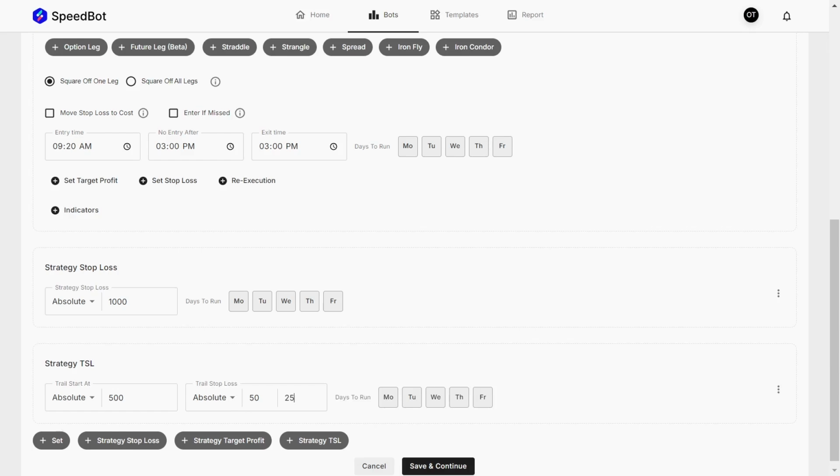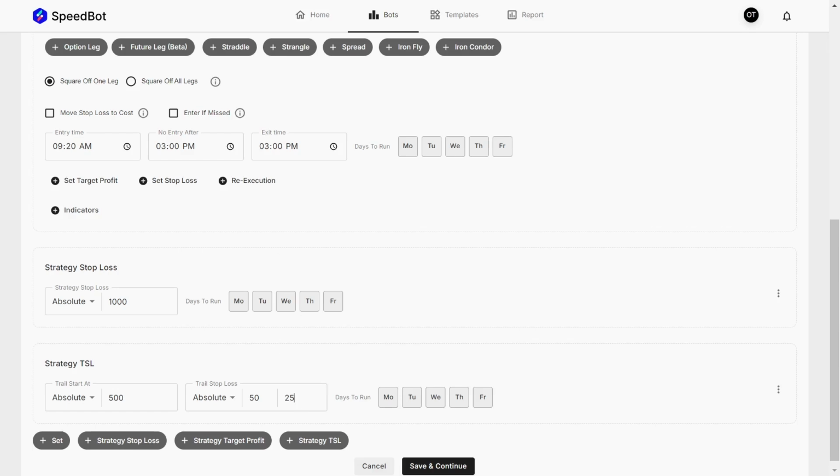Over here, I say that whenever I see 500 rupees of profit, then my strategy TSL activates. That was at minus 1000 rupees. Now, whenever there is an upside movement of 50 rupees, that is, from 500 my profit goes to 550, then my stop loss, which was at minus 1000, will get deducted by 25 rupees.